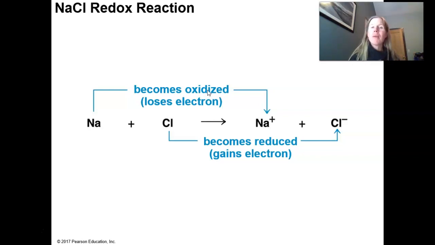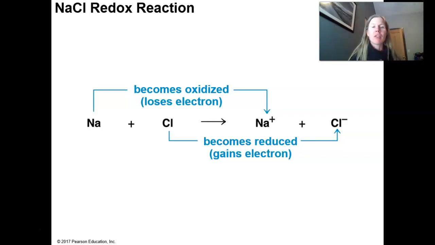An oxidation reaction means that a molecule or an atom is going to lose an electron. So oxidation is the loss of an electron. Reduction is the gaining of an electron. You can't gain an electron unless someone else has lost it, and so these two are always paired.